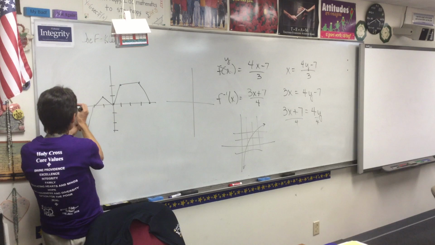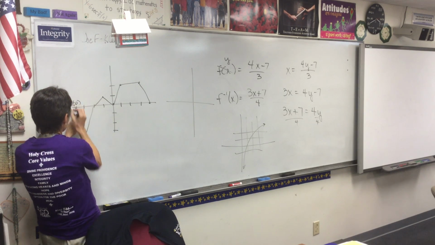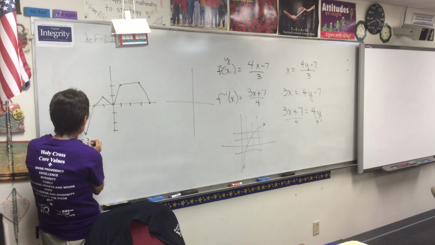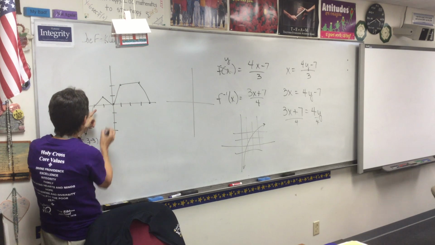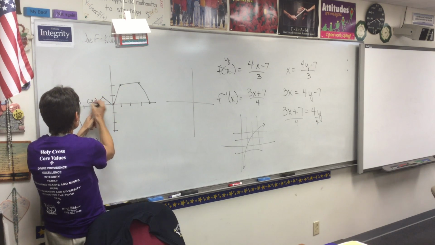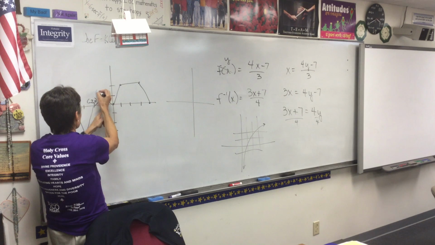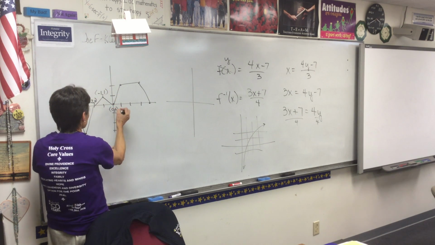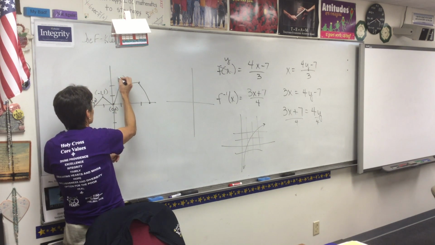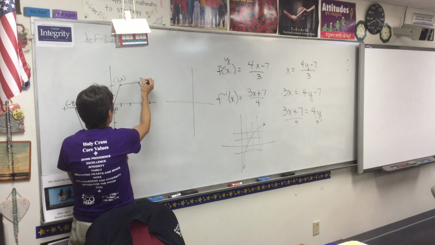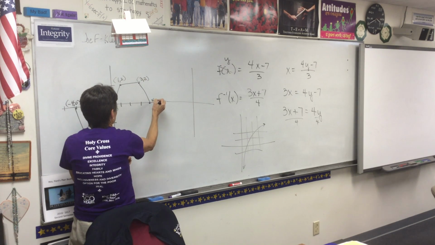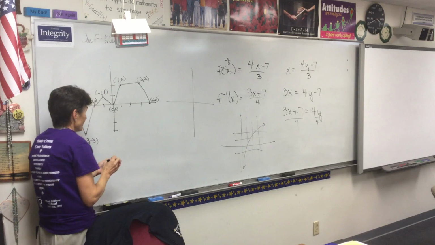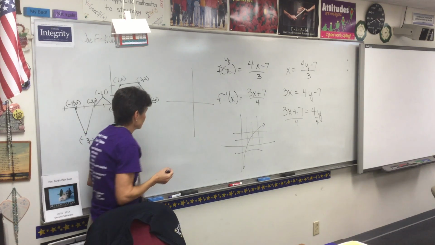So like 1, 2, 3, this is (-4, 0), (-3, -3). I actually like to label these. It takes a minute, but I stand a better chance of getting the right answer if I actually label them.